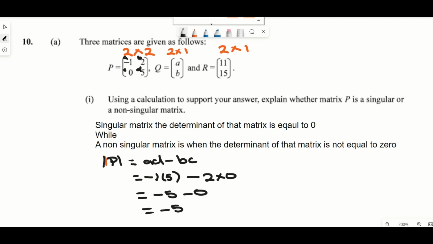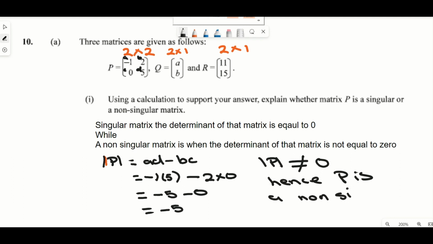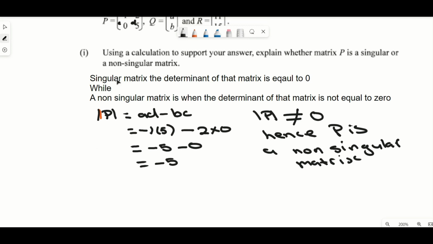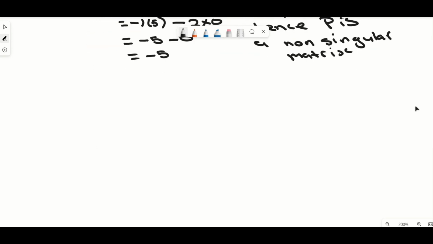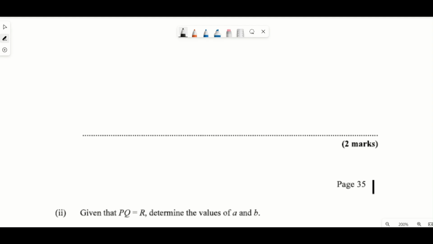So because the determinant of P is not equal to 0, hence P is a non-singular matrix. And that would be the working on your answer for part 1. And that's 2 marks, guys.